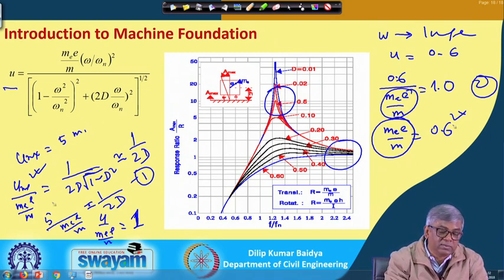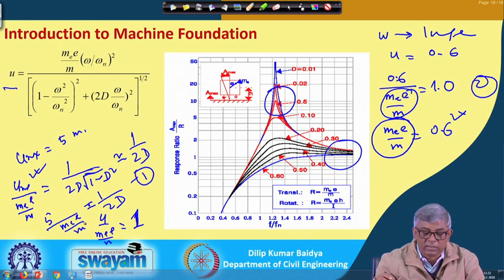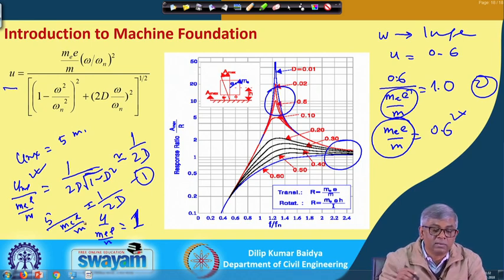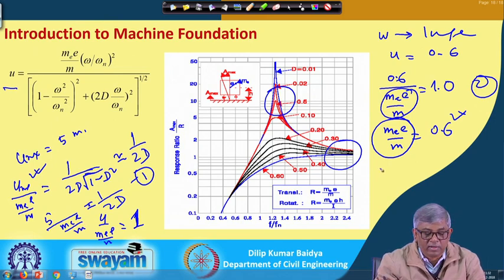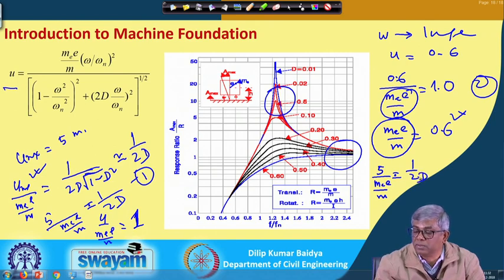Now this 0.6 I put here, and that gives another equation: 5 over m e into e over m equal to 1 by 2d.